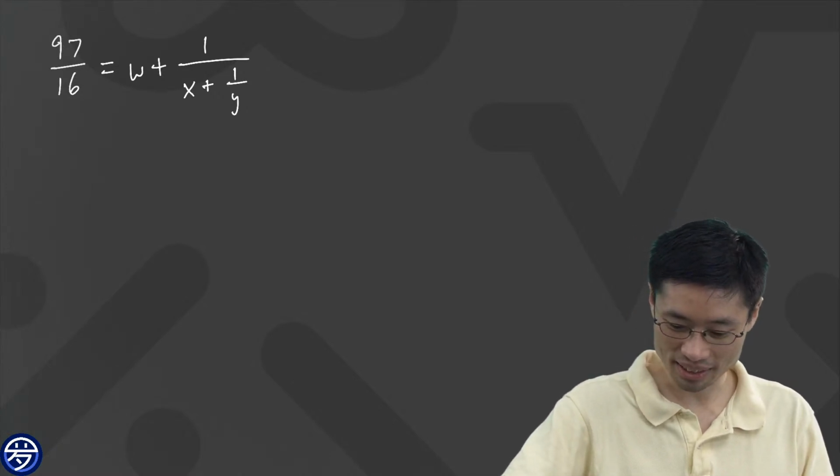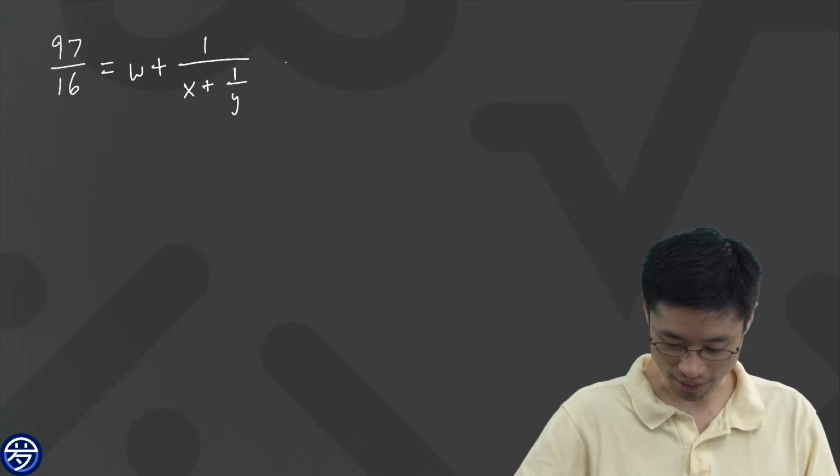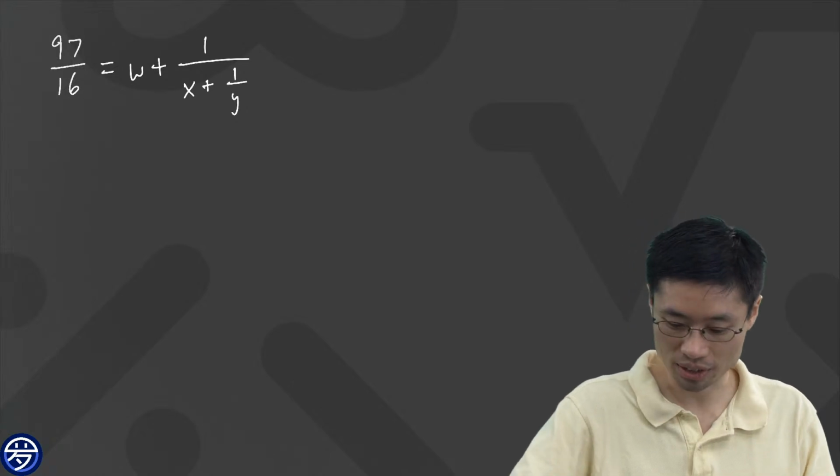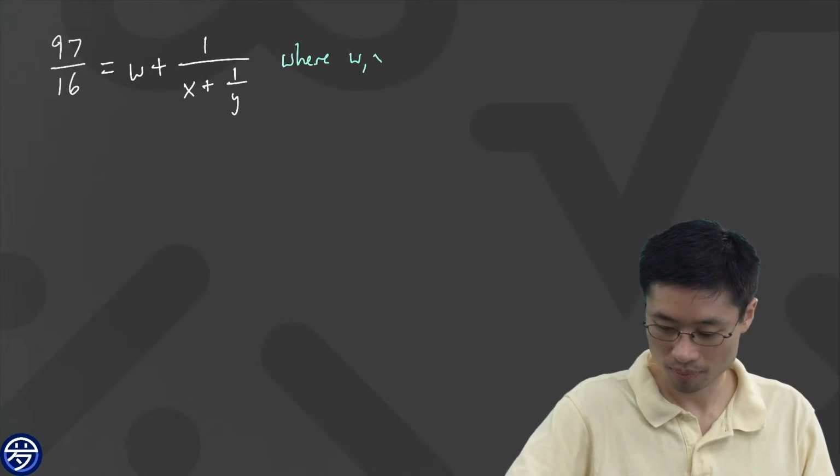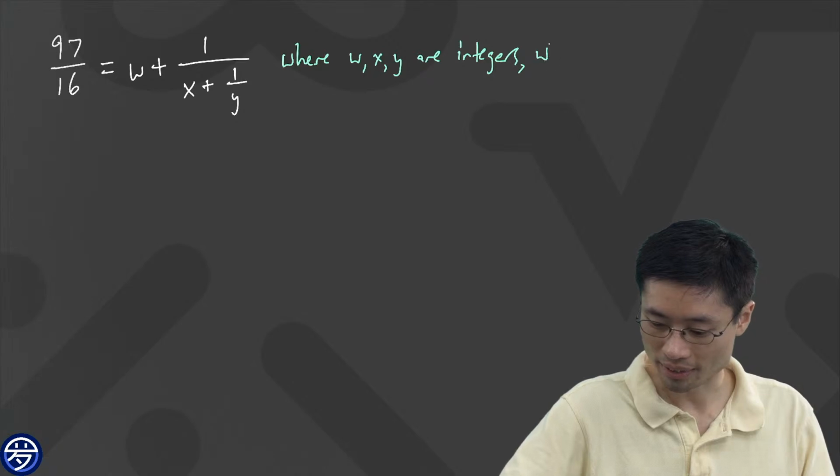So it's equal to this. Let's just say it is this, and W, X, and Y are integers. What are they?